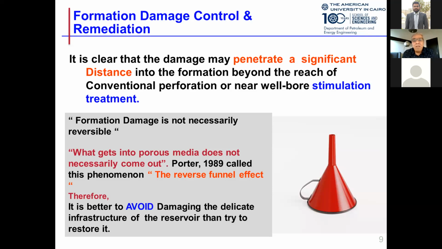So formation damage in general is an irreversible process. What goes into the reservoir does not necessarily come back. Actually, Porter, a scientist, said it's exactly similar to the reverse funnel phenomenon. Look at the reverse funnel shown here: if it is in the right position, you can pour the water into the funnel and all the water goes through.